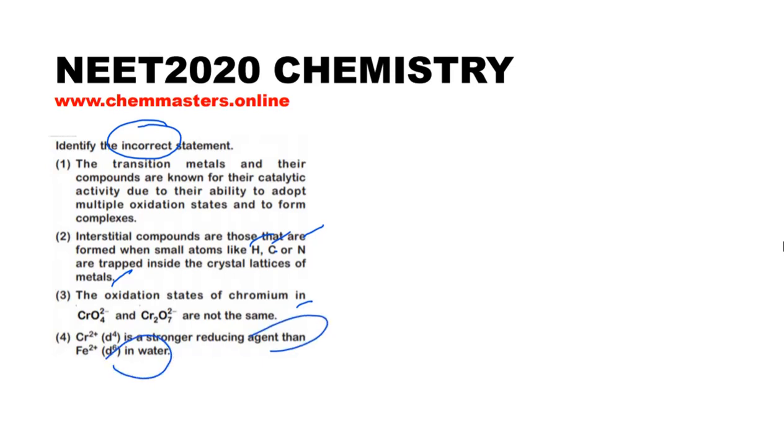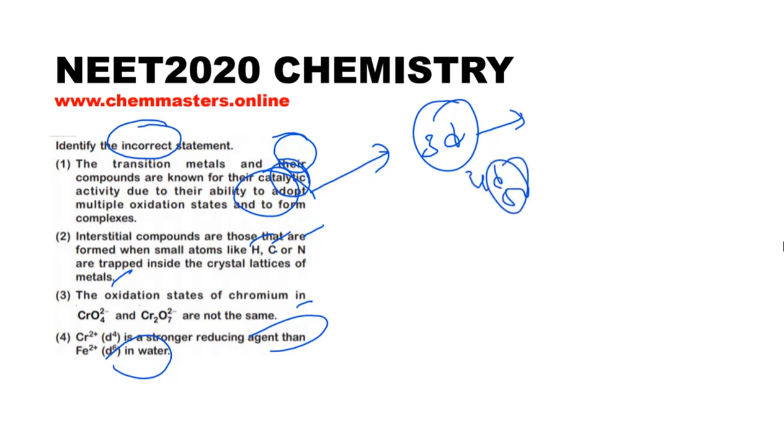So here you can see that the transition metals and their compounds are known for their catalytic activity due to their ability to adopt multiple oxidation states and to form complexes. This is the correct one. If you look at the 3d series of d-block elements, and 3d, 4d and 5d, you can see the oxidation states vary from +1 to +7.